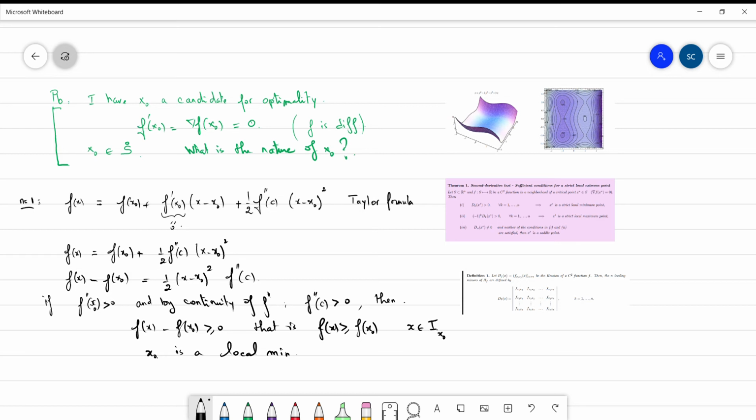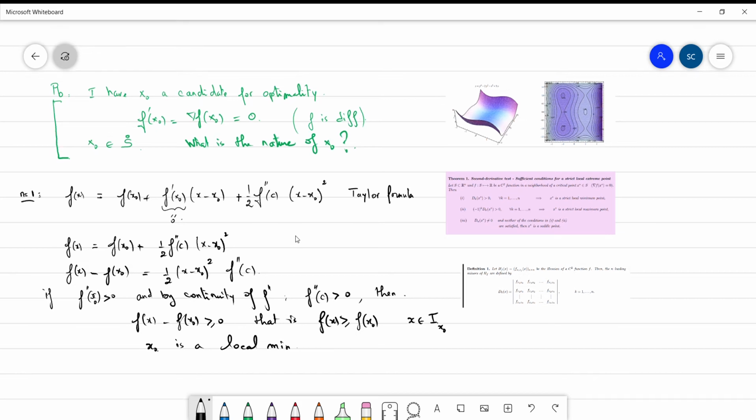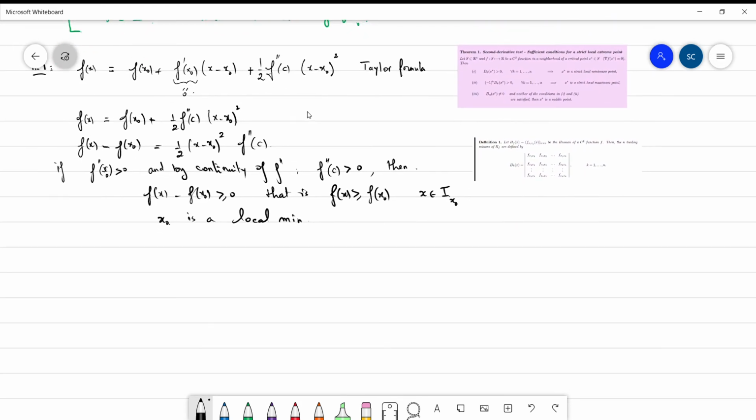So let's extend this idea. Yes, we can extend it because we have the following. For higher dimension, we need something like Taylor.